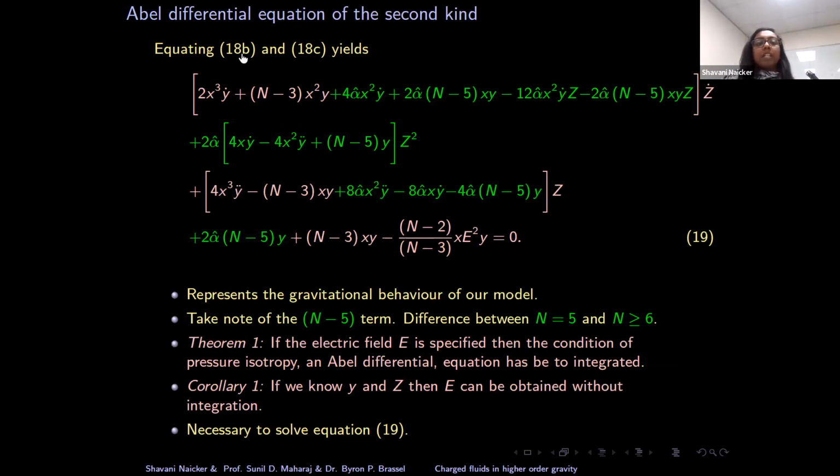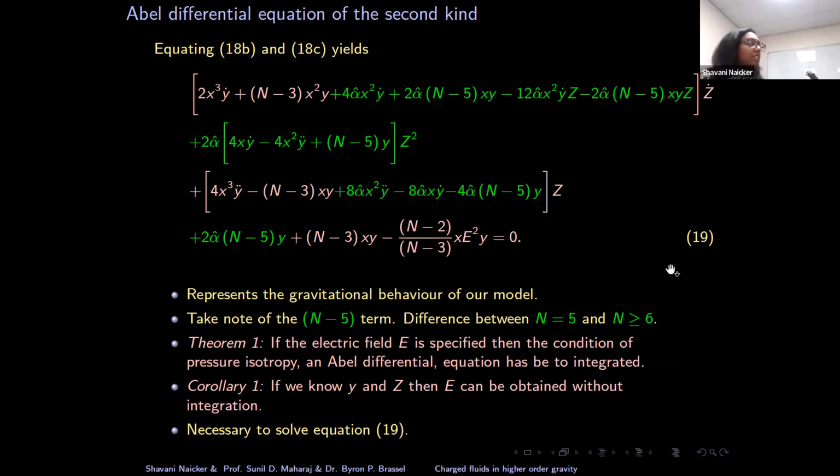Sorry, it would be a linear differential equation in Z if alpha hat is 0. Several n-5 terms indicate to us that n equals 5 is special and simplification occurs. So there will be significant differences for n equals 5 and for n greater than or equal to 6.